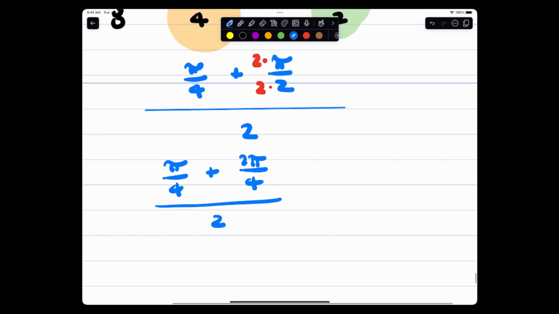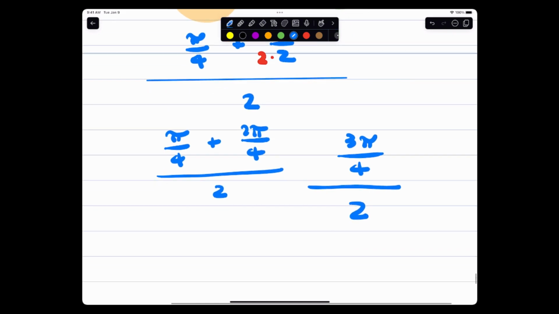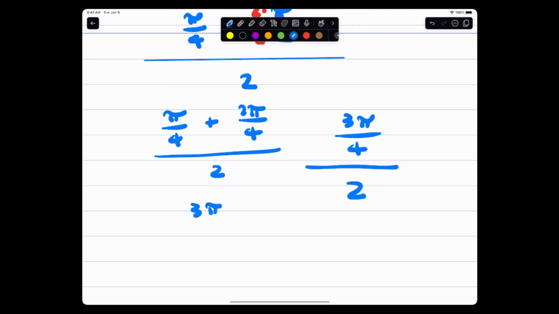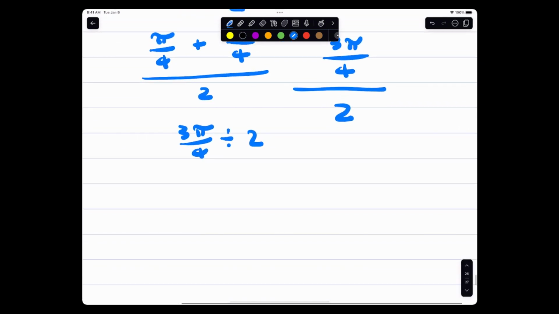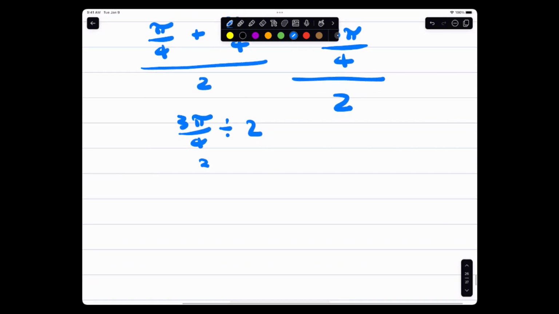And you end up with 3 pi over 4 divided by 2. Now 3 pi over 4 times 1/2 becomes 3 pi over 8.